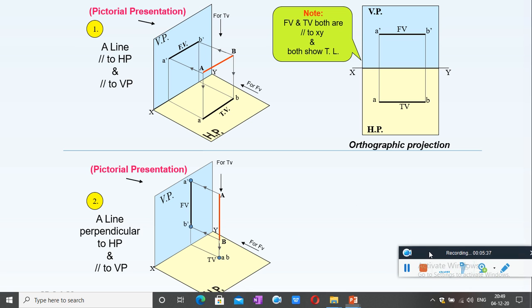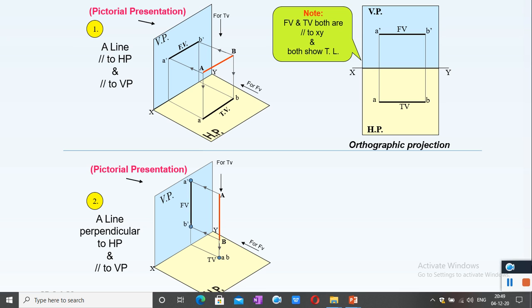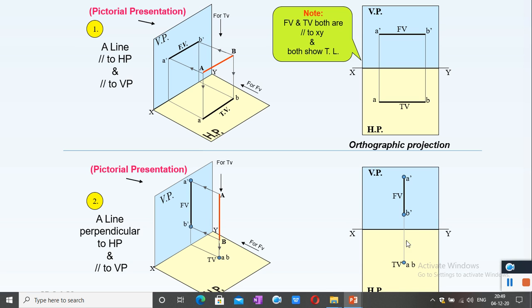When drawn in the same plane, A dash B dash will be like this and ab will be like this. So if the line is at a distance 10 millimeter above HP, we can mark 10 millimeter here.